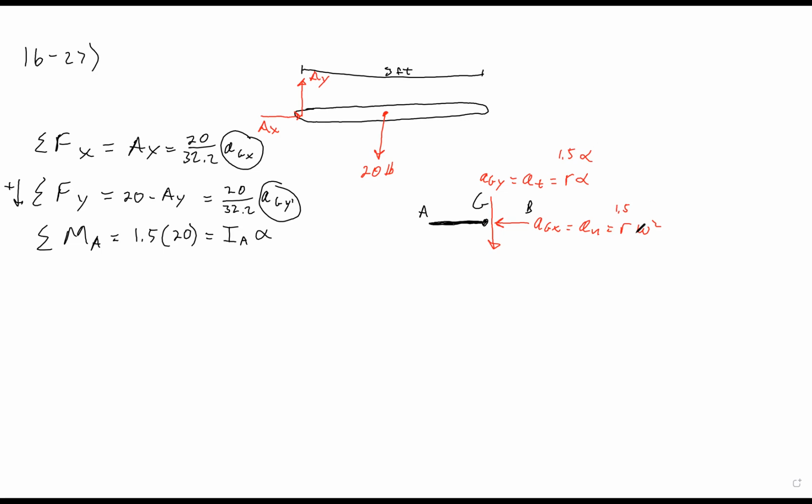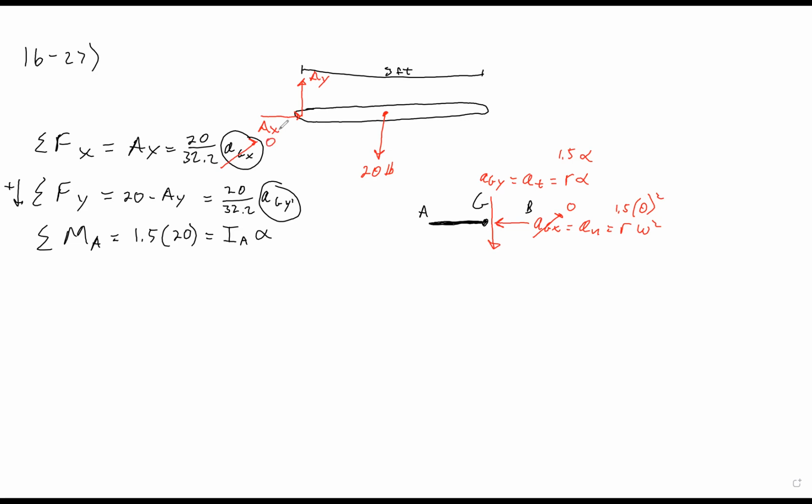Well, we do, because the problem says that the motion is beginning, but I clarified that the motion hasn't started. So therefore, the rotation hasn't actually begun yet. So that means that the omega is 0. So omega is not an unknown. And therefore, we know that the acceleration of G in the x is 0. Okay, good to go, 0.